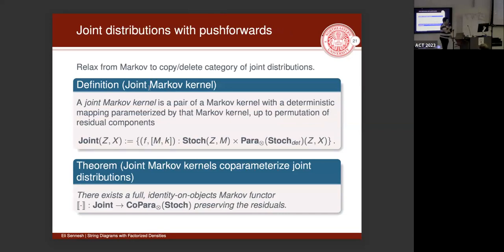All right, so then we'll finally give some proper formal definitions for things like joint. And as you can see, we're just going to take a Markov kernel in Stoch into our residual.